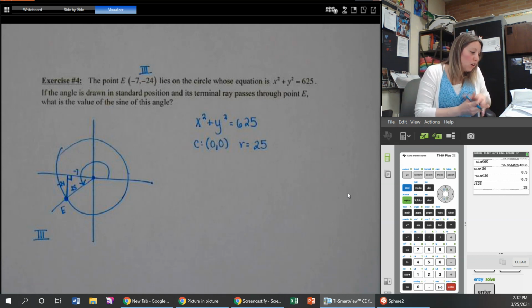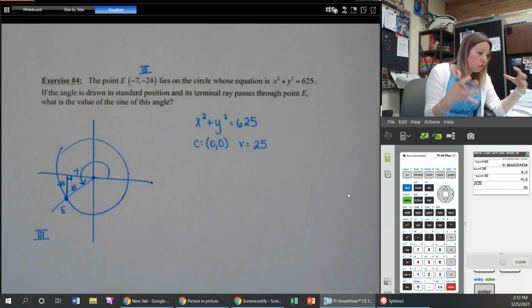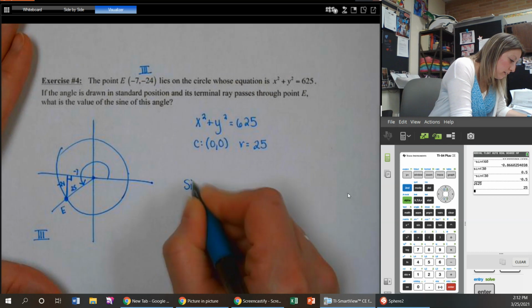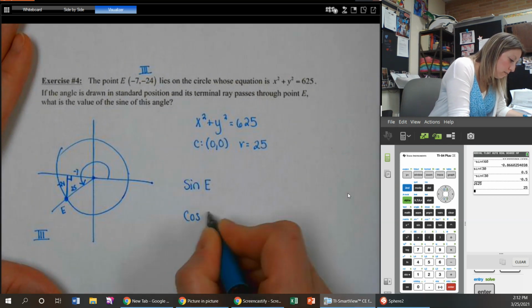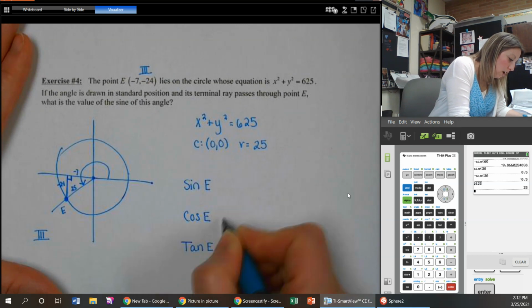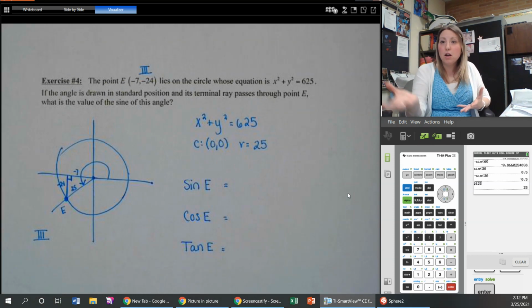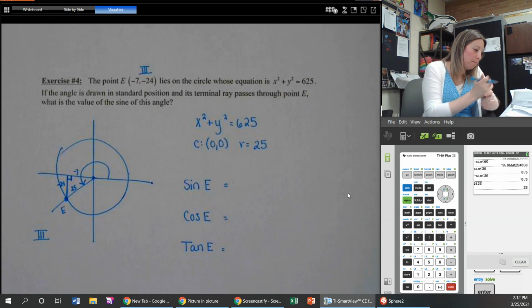Okay? So take this triangle and think of this triangle in terms of sine of E, cosine of E, and tangent of E. And what we actually need to know is the sine. But again, I just want to be kind of clear about where we're going with this, right?